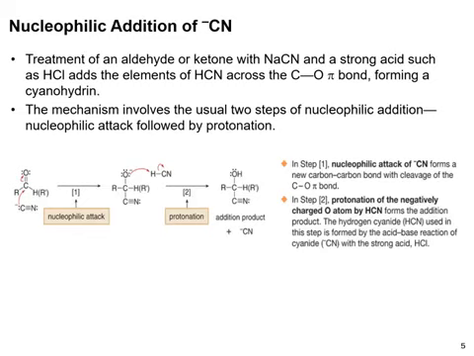First of all, cyanide attacks the carbonyl, then it gives the oxyanion. This oxyanion abstracts the proton from HCN and gives the cyanohydrin product. In cyanohydrin, the oxygen and cyano group are present on the same carbon.